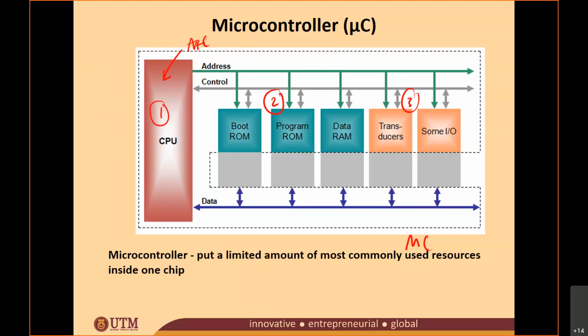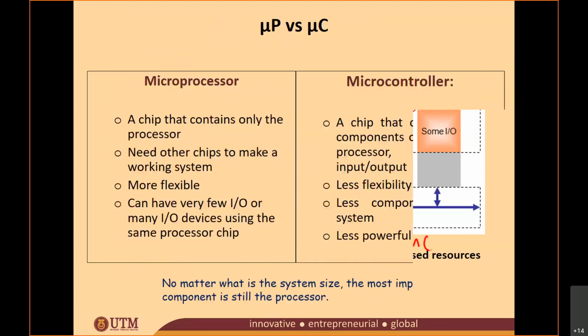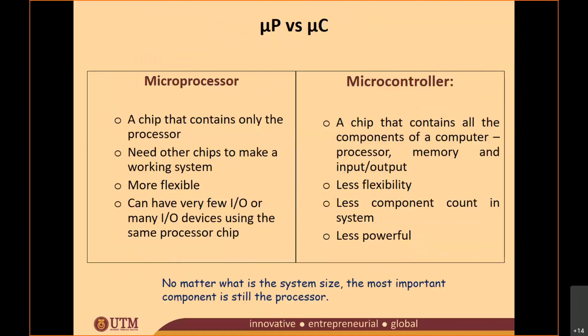Any other questions? If no question, then we go to the next slides. We are going to see other differences between microprocessor and microcontroller. Let's look at the microprocessor first. This microprocessor is a chip that contains only the processor.